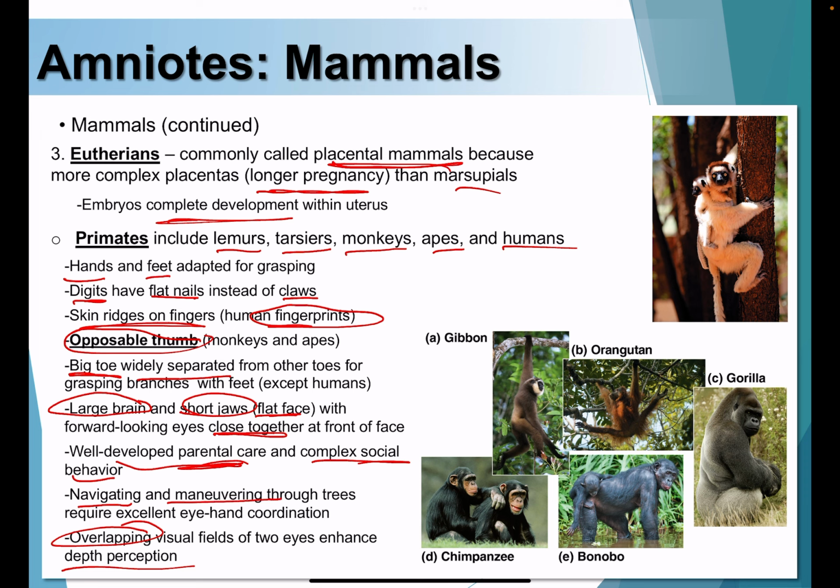Swinging through those tree branches that quickly requires a lot of eye-hand coordination. Or else if you can't reach that tree, plump down you go to the ground from who knows how high those monkeys are swinging around, which can lead to very severe injuries. So they have to have excellent eye-hand coordination.